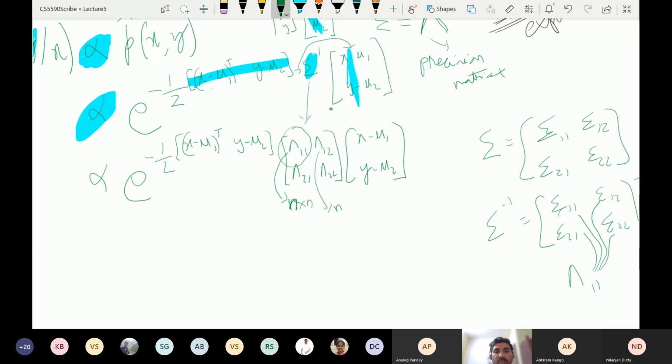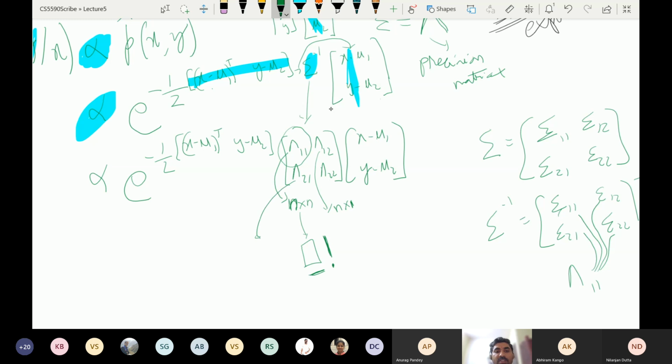It is n cross 1. It's a column vector. See, this is a block of square, then the corresponding one should be a thin one, no? How can it be a square? And this will be a dot, this is a number, right? That's how this matrix is.